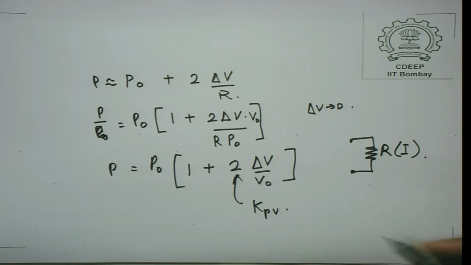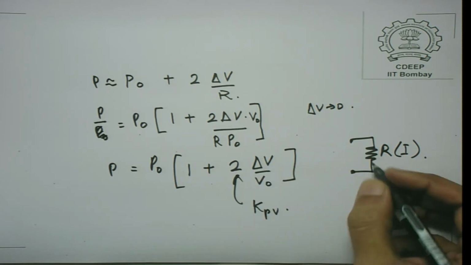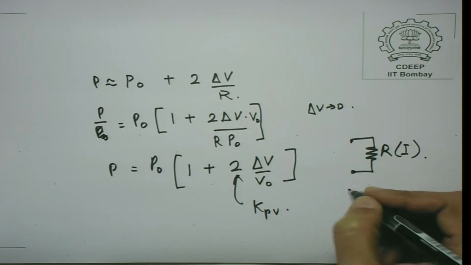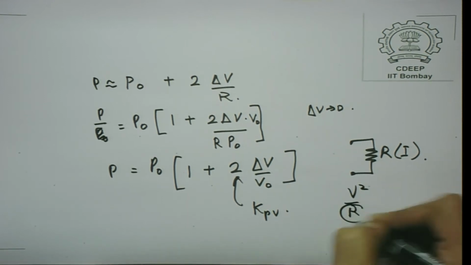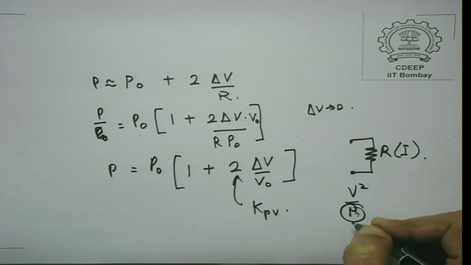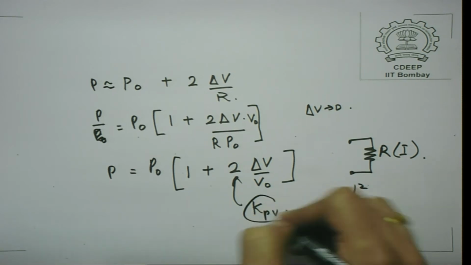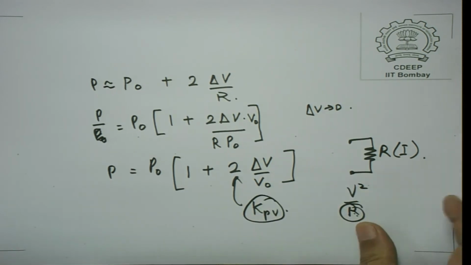So, the characteristic is going to be different. It is not going to be V square by a constant R, but R itself is a function of V. So, P will become a complicated function. So, this KPV will be different, but for constant R you will in fact get KPV equal to 2. So, this is how you can in a very rough fashion get this characteristic. It is characterized very simply by this.